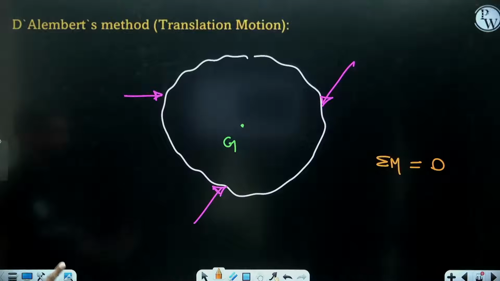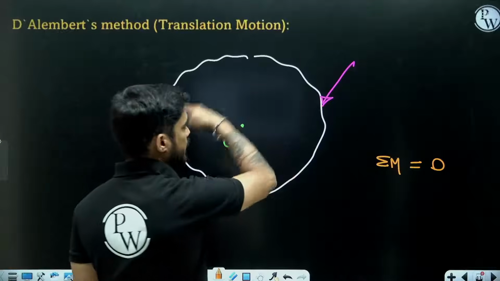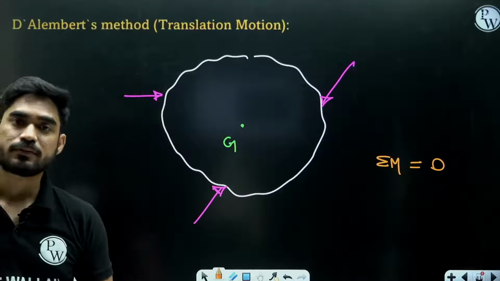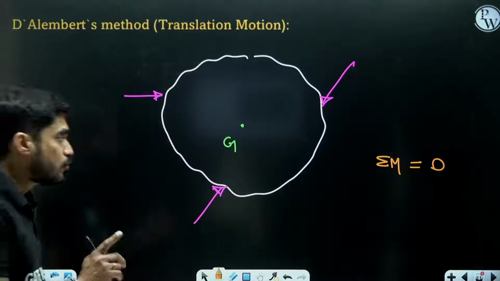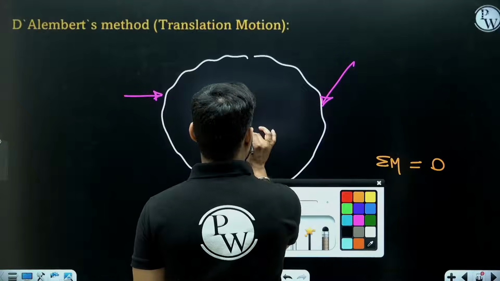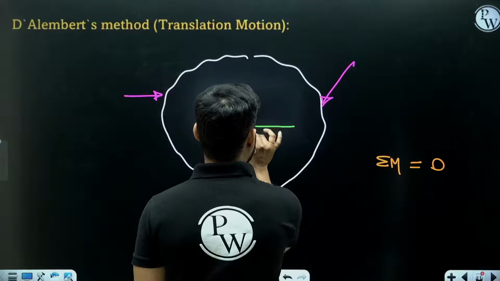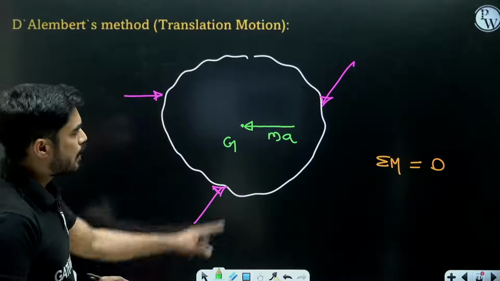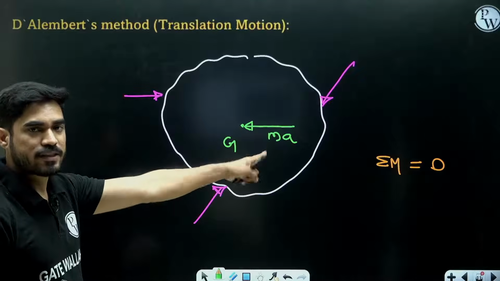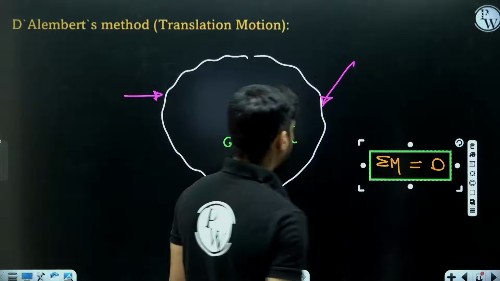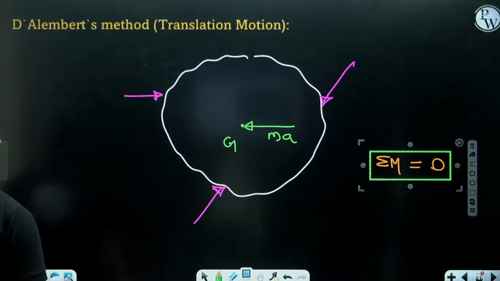The net moment of these forces will not be equal to 0, because you will have to apply another force, which is the D'Alembert force. If you apply the D'Alembert force, then you can apply the equation summation of M equals 0.